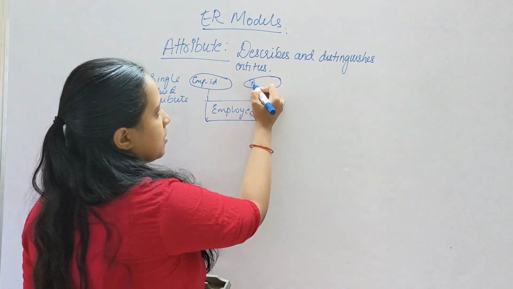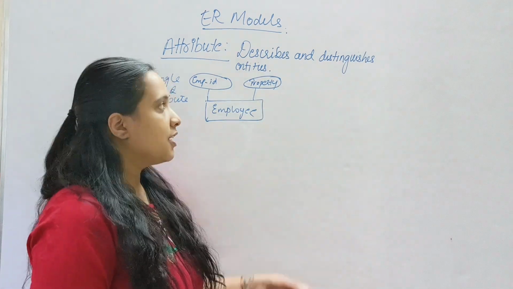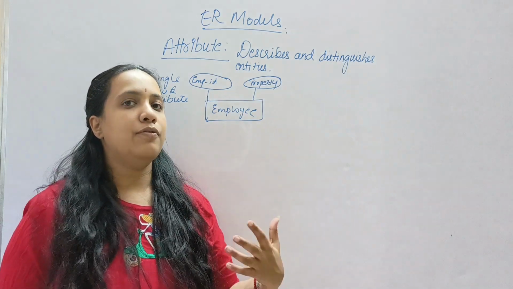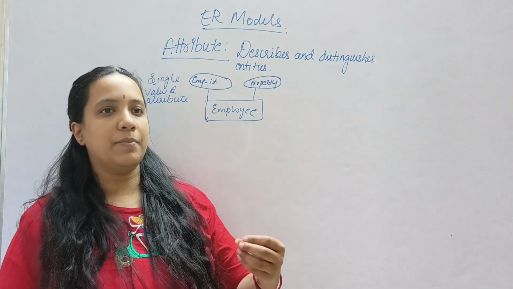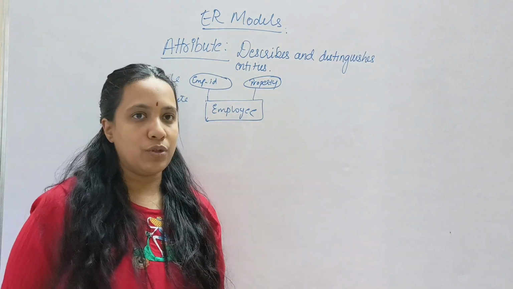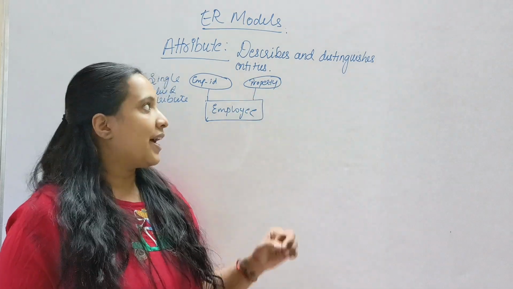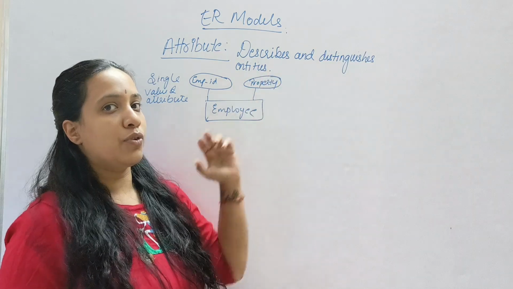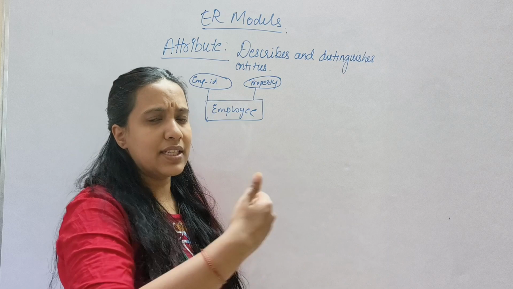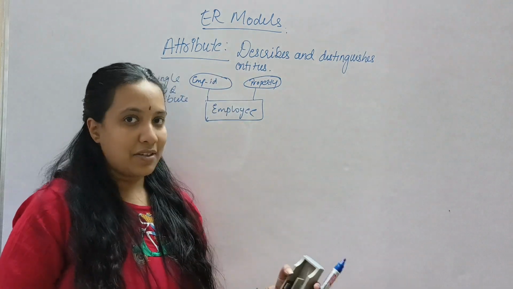Properties. Property is nothing but the number of houses or land the employee owns. An employee can own more than one house, right? So I can have more than one value for property. I can say that there is one house in Bangalore, one house in Delhi, one house in Bombay, a rich employee.